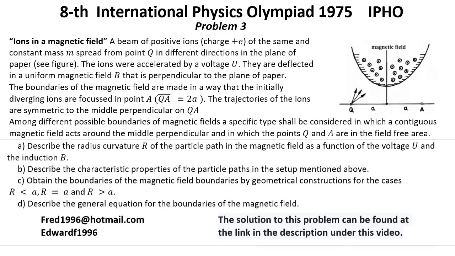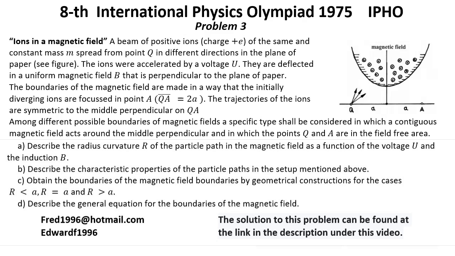Problem number 3. Ions in a magnetic field. A beam of positive ions, charge positive e, of the same and constant mass m, spread from point Q in different directions in the plane of paper. See figure.